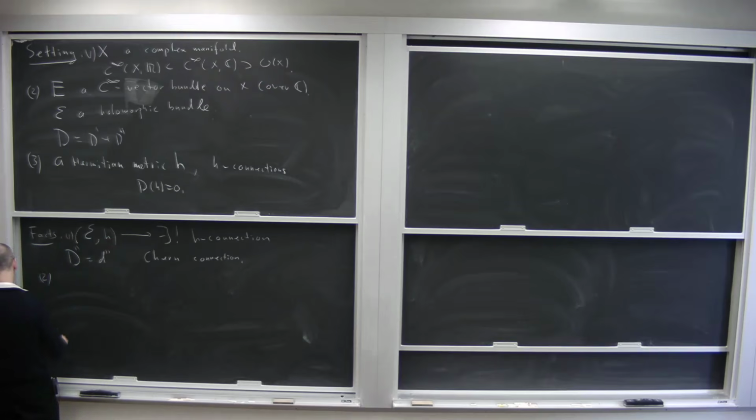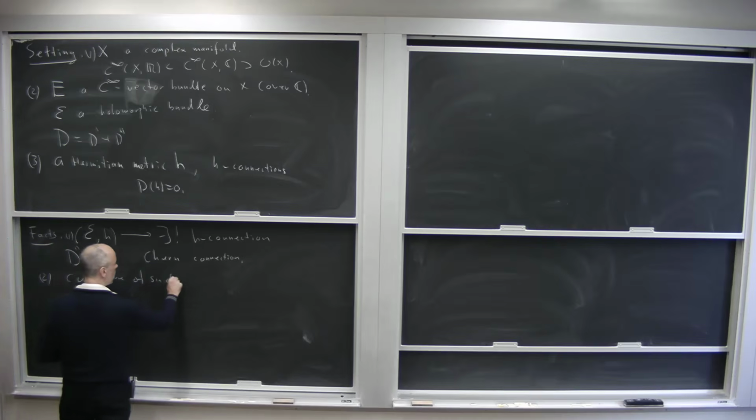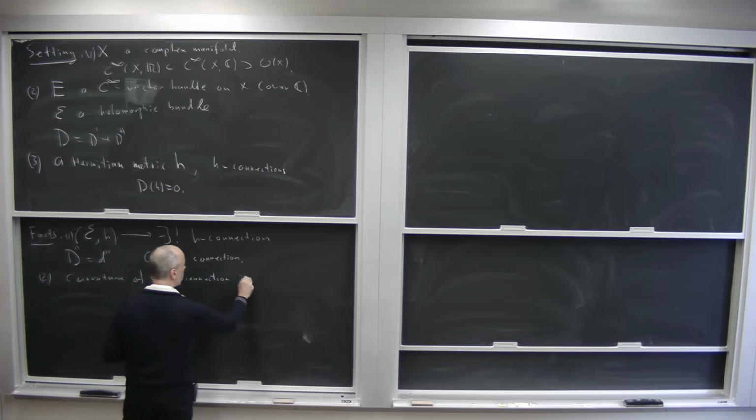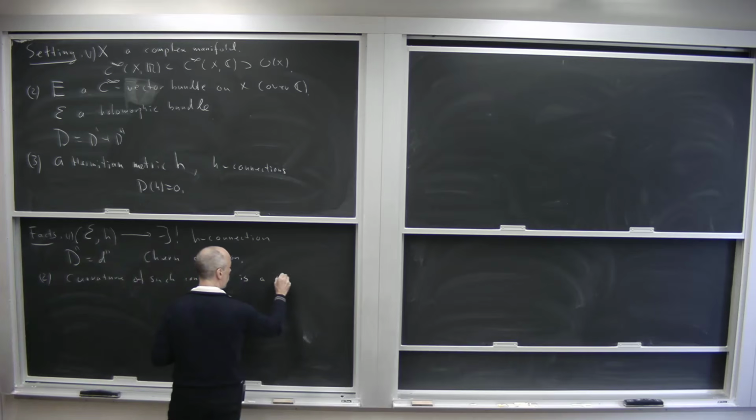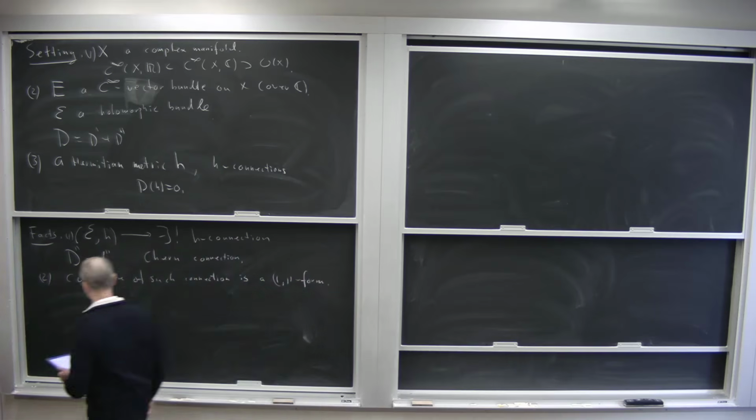So that means that the curvature of such a connection is a 1-1 form. Okay, so that's, of course, all very simple, and mostly just to introduce the names and the notation.